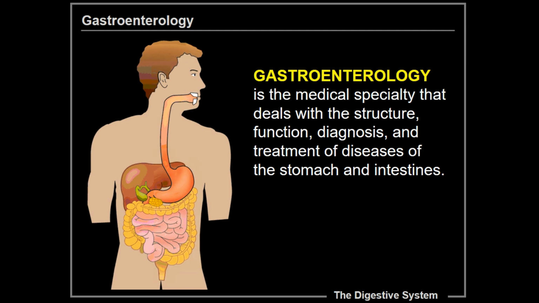A gastroenterologist would be the person you would go to see if you have issues with your stomach, say if you have ulcers or if you have acid reflux, also known as heartburn. Again, heartburn is technically not your heart that burns, it's your esophagus, but we'll get more into that later.